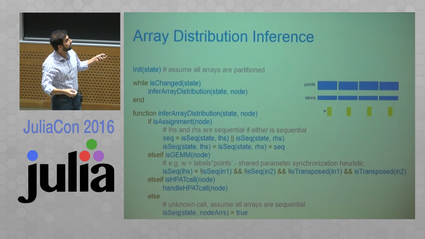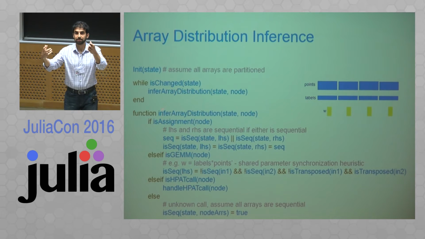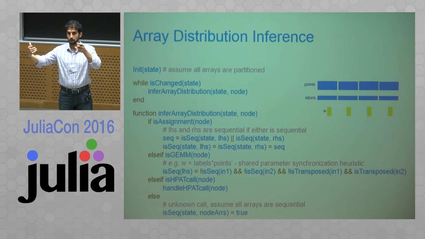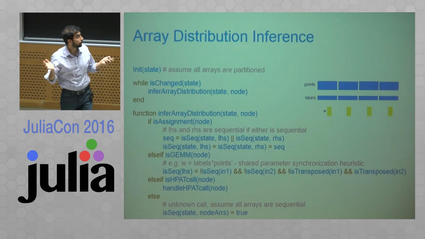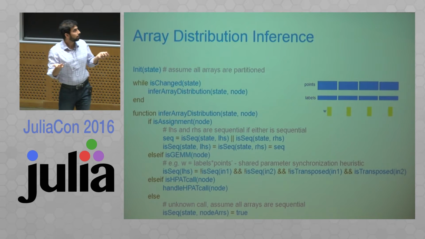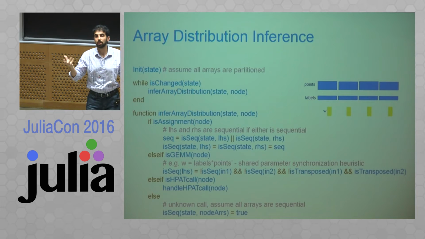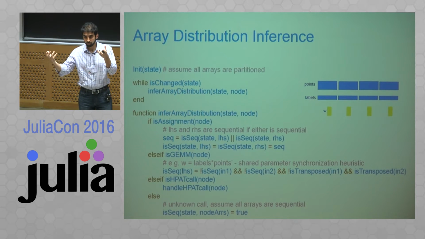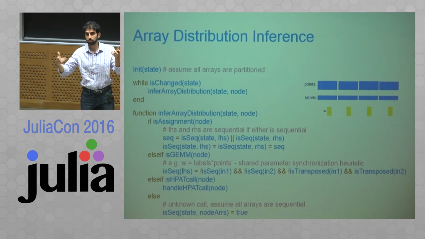For instance, a very simple one: if you have some assignment, the left-hand side and right-hand side should both be either sequential or partitioned. That's very simple. But sometimes these rules can get more complex. For instance, if you have matrix multiply, there is some gemm operation in the AST.